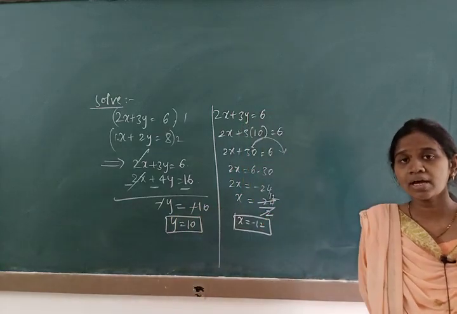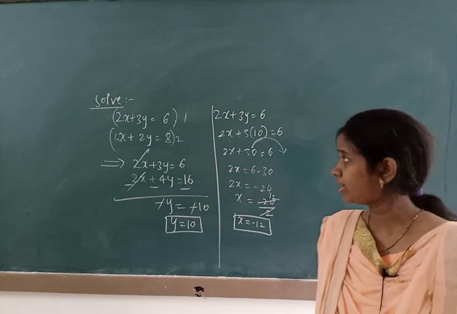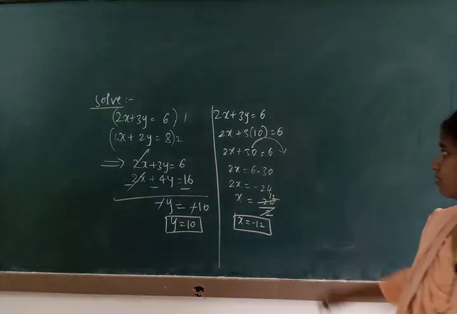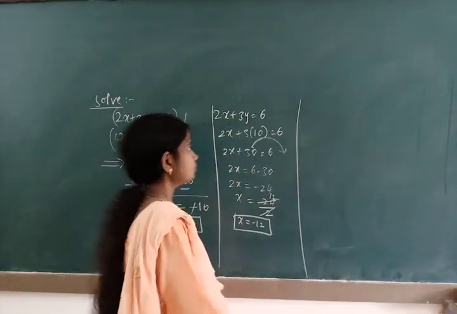Now, are these values correct or not? As I said last class, we are going to cross verify by taking any one of the equations. It is a verification step.